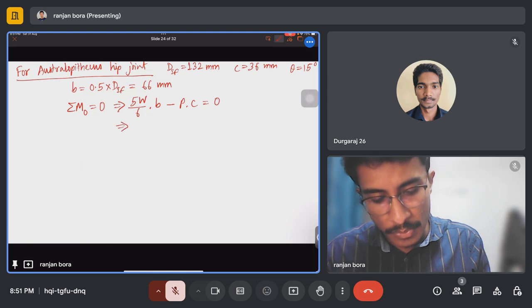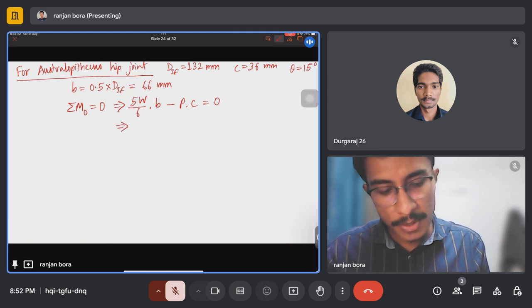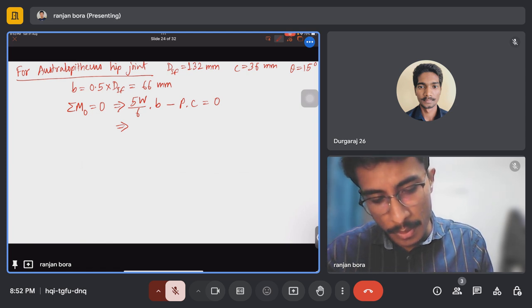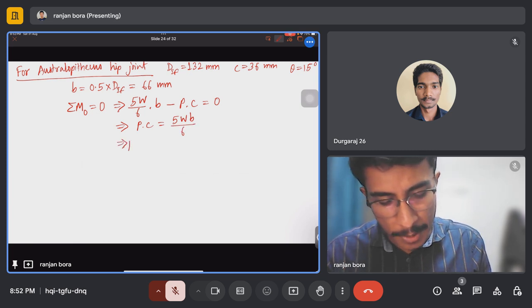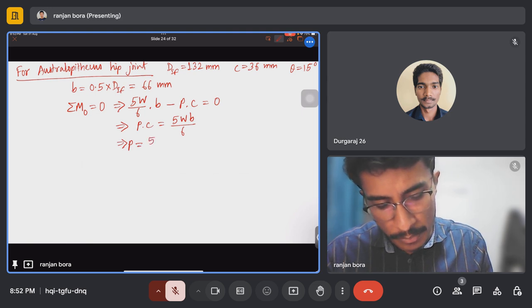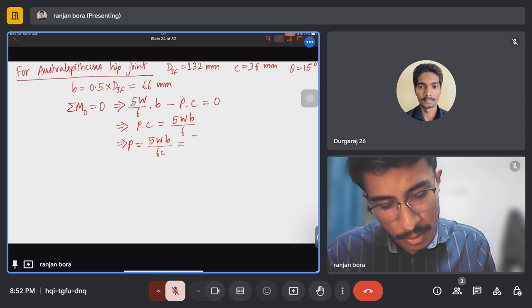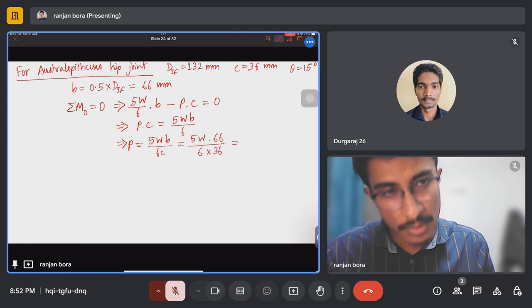Now we can solve this equation. If we solve this, we will get Pc equal to 5Wb by 6. From here, what will be the value of P? P will be 5Wb by 6C, and we can put the values: 5W dot 66 divided by 6 multiplied by 36.